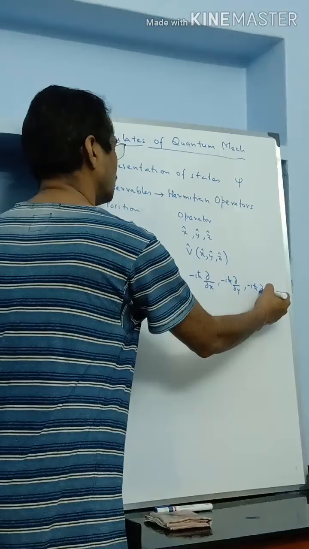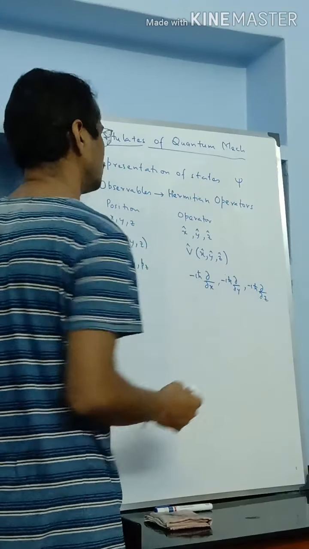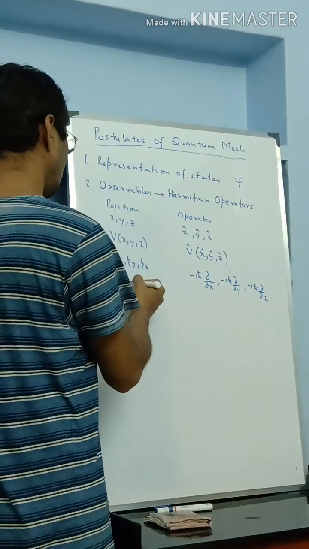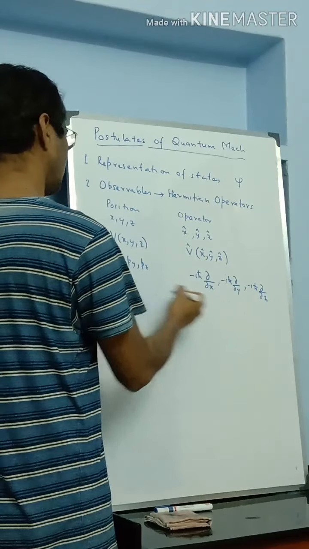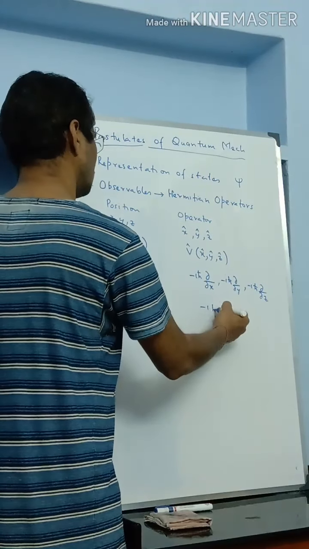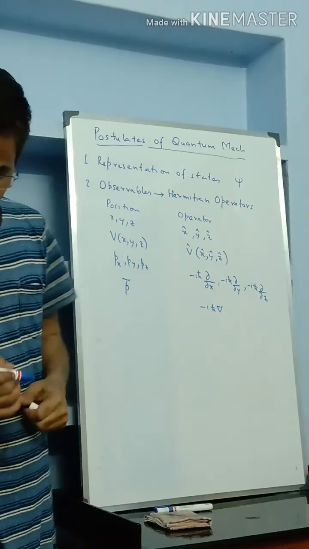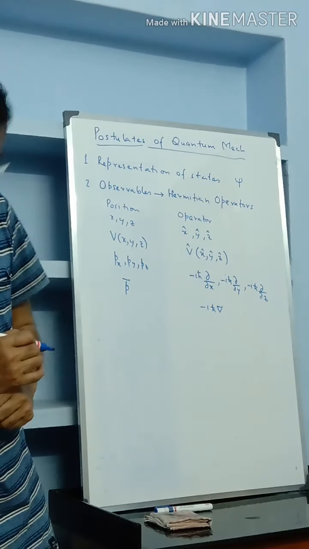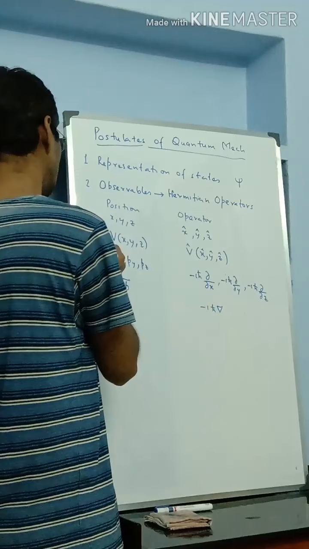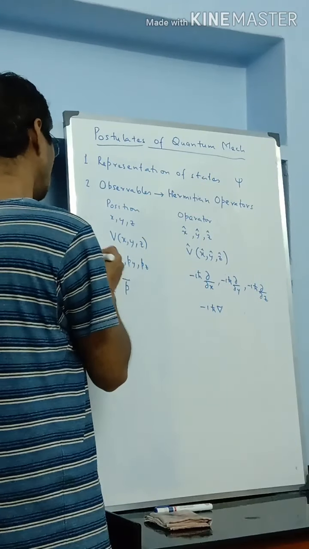These are all in configuration space. And if you talk about the vector p, then that can be written as minus i h cross del. These are the components of the linear momentum, and this is the vector form.